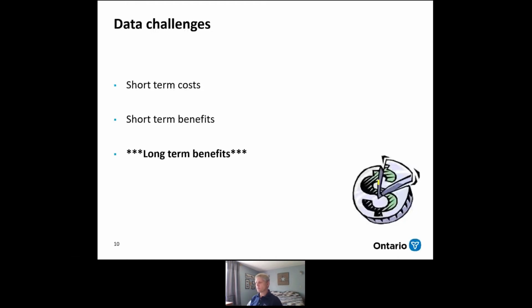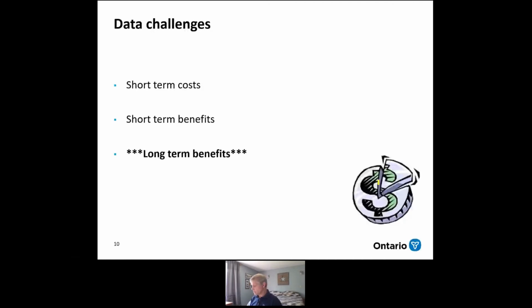If you're looking at soil health, I know I've been involved in a couple of different projects on soil health and cover crops, looking at the economic impact of increasing soil organic matter or reducing compaction, and how do you put numbers on that?